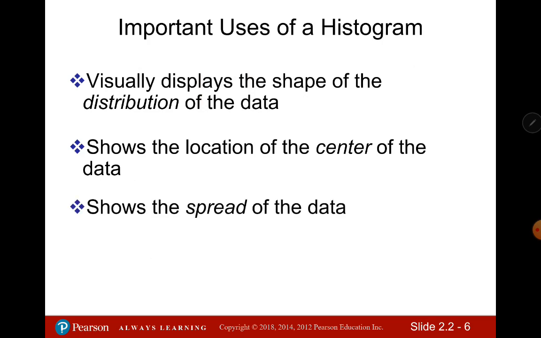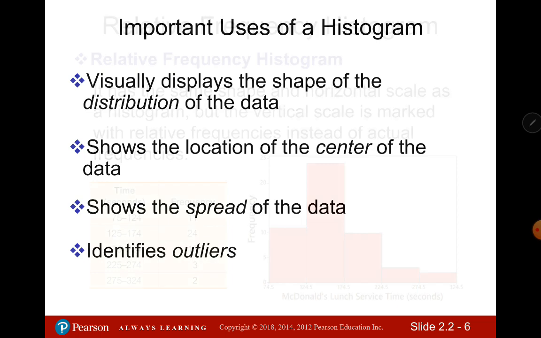Of course, we can see the spread of the data. How is the spread? It's wide, it's narrow, something like that. And we can also identify the outliers. We will talk about outliers later. For now, you only need to know outliers are just extreme values.